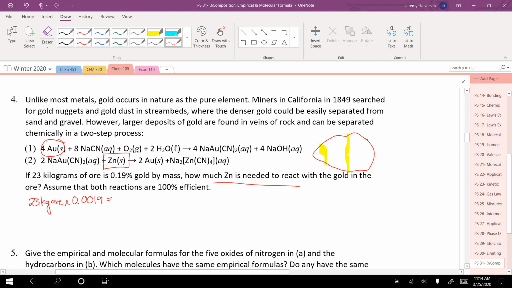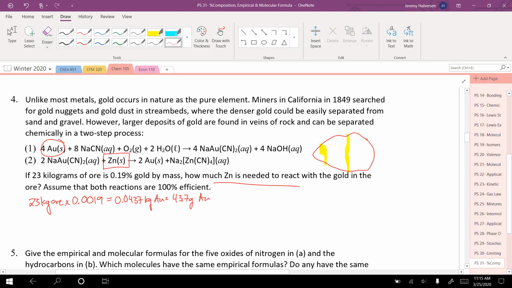How much gold do we have? 0.0437 kilograms of gold, which I'm just going to change to 43.7 grams. Okay, that's how much gold we have.